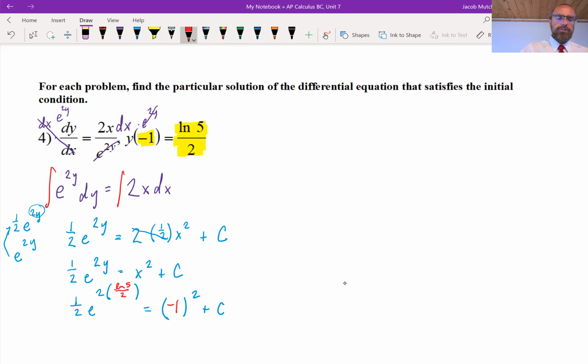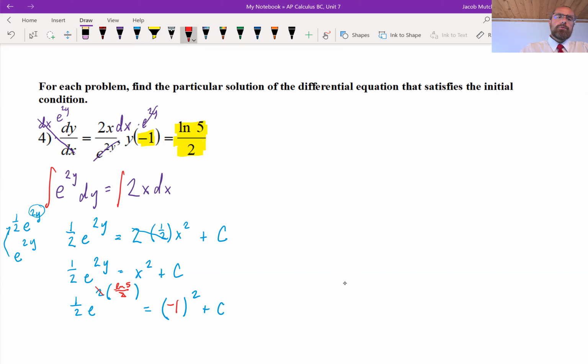I've got a cancellation in my power here. 2 divided by 2 will cancel. And then I see that what's left is e to the power of natural log of 5. So that's really inverse operations. E as an exponential, and natural log is log base e. The net result of all that is just going to be that exponent 5.